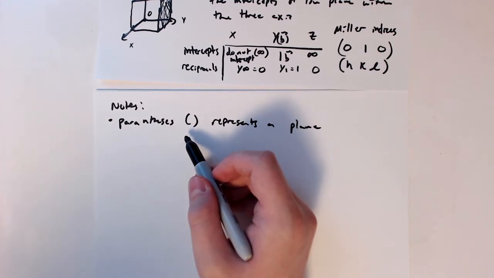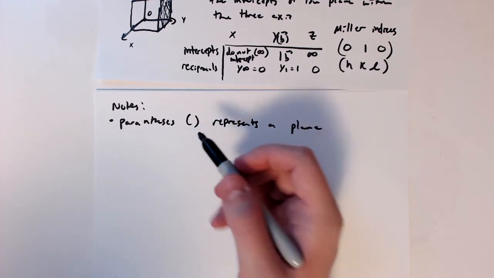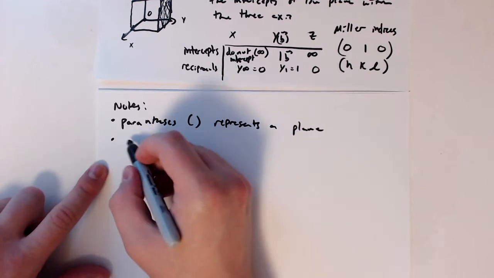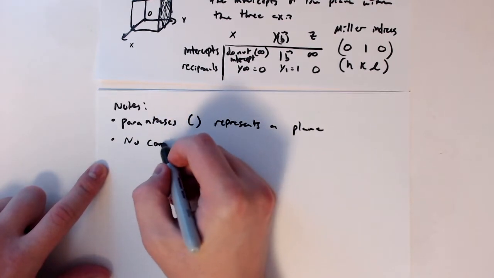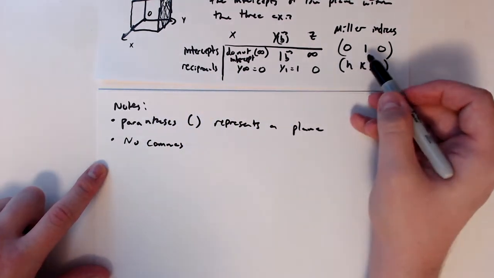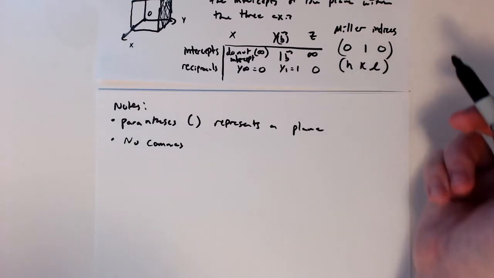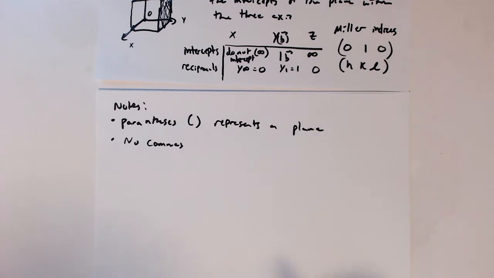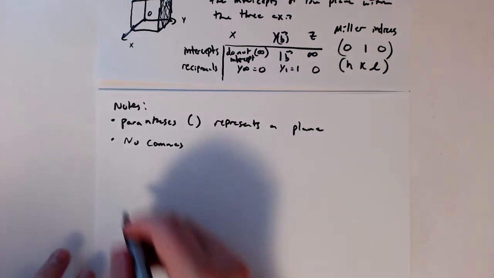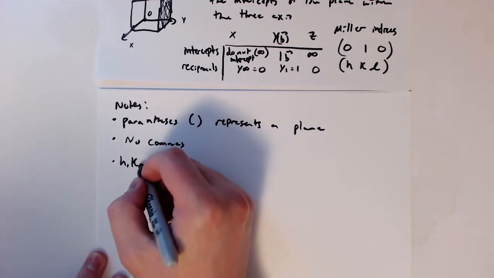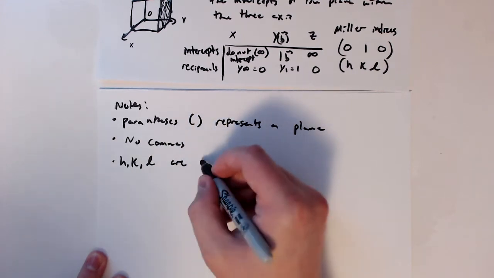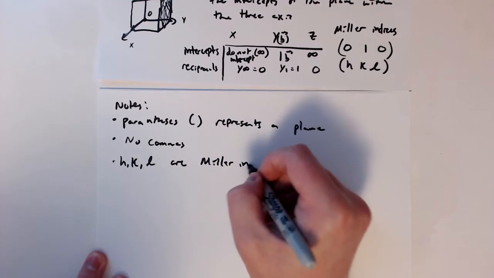If I see the square brackets, I know it's a direction. And convention says no commas. So you'll see in the indices, I didn't put commas in between these. It's just assumed that we know the distinction there. And again, H, K, and L are Miller indices.